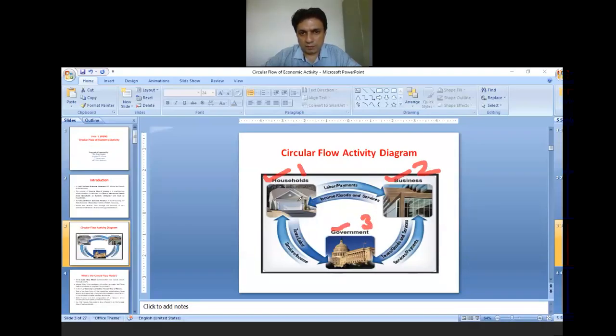So as you can see from the diagram, the household or the consumers provide the labor to the businesses, and businesses need the laborers for doing the job. You can see the arrows among the three components, and the business provides the goods and services to the consumers or the household.